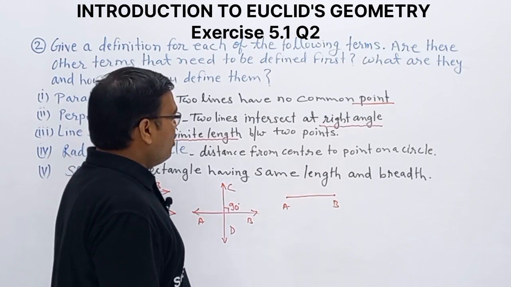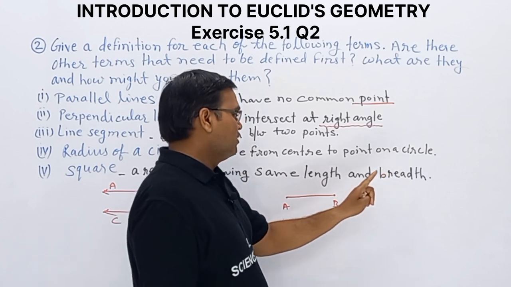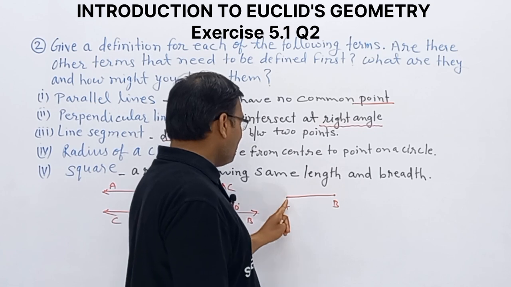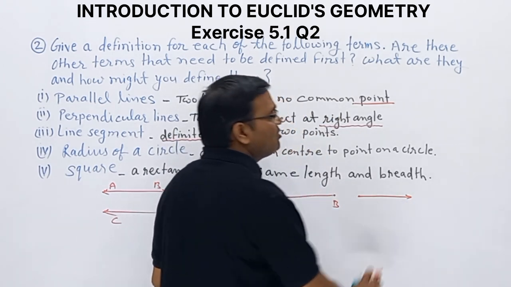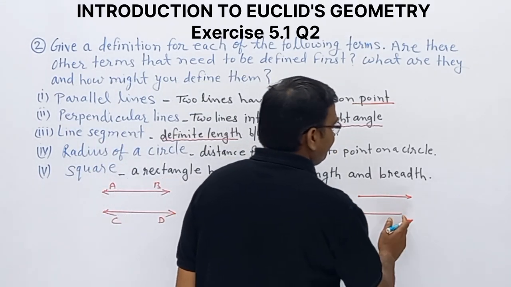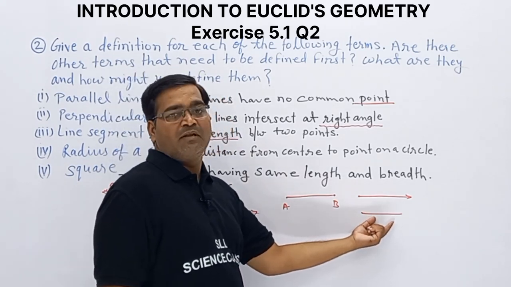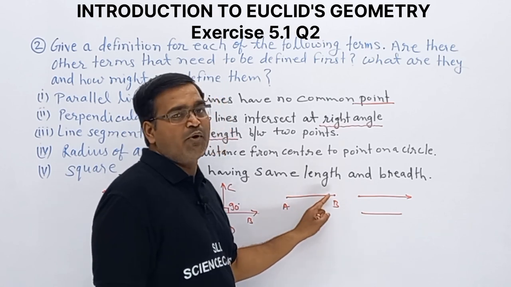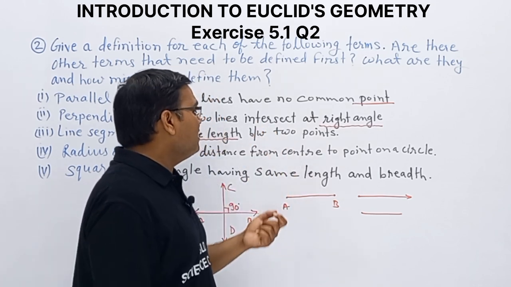So a definite length between 2 points is a line segment. If we have one end point and the other point is produced indefinitely, this is a ray. And this is a line. In the line segment we have two endpoints and a definite length between them.